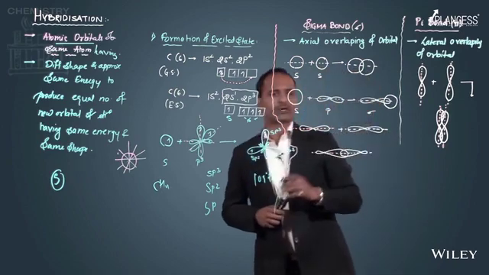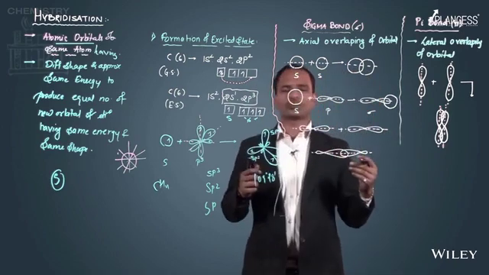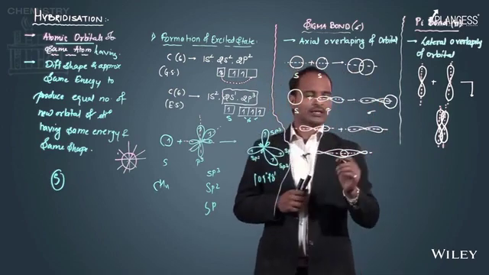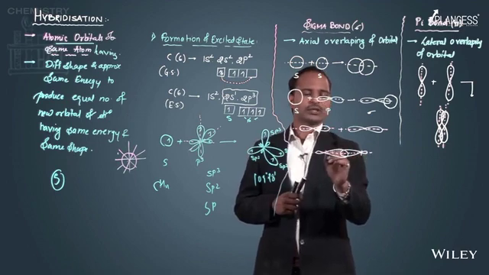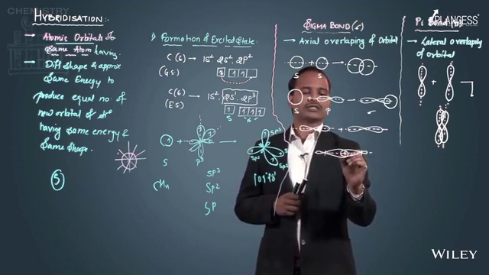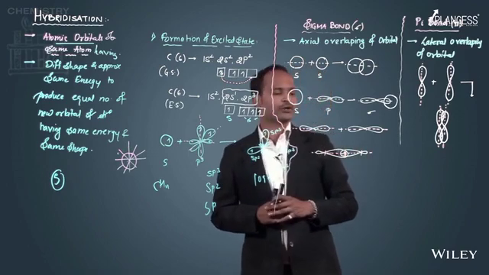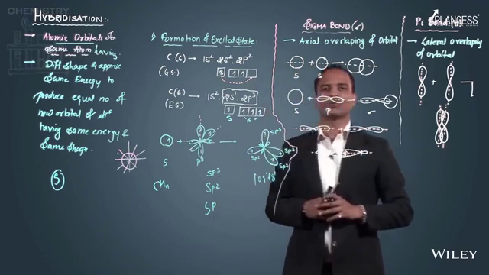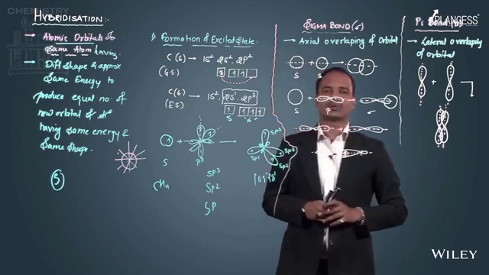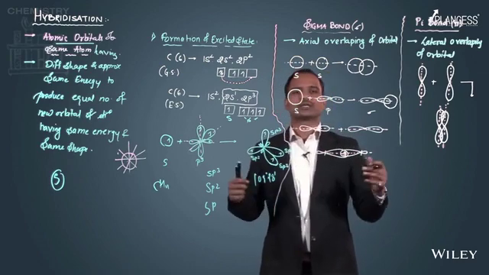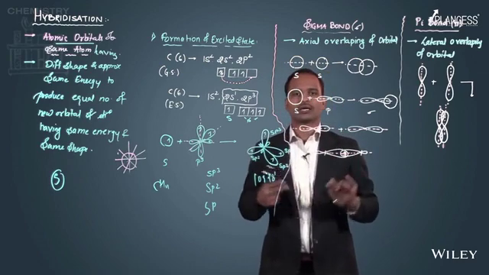Now in case of sigma, that is when the two orbitals overlap on axis, I can say that between the nuclei the number of electrons increases. And if the number of electrons increases, then ultimately the repulsion between the nuclei decreases. And if the nuclear repulsion decreases, it means the attraction becomes stronger and stronger.